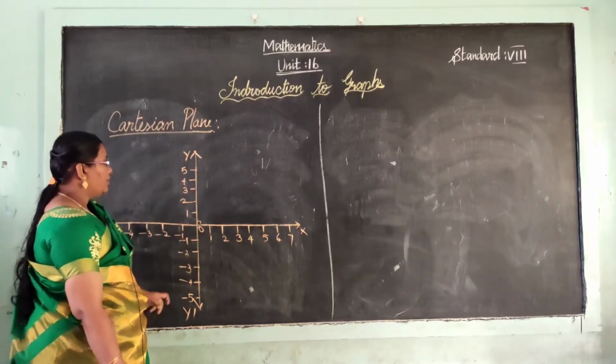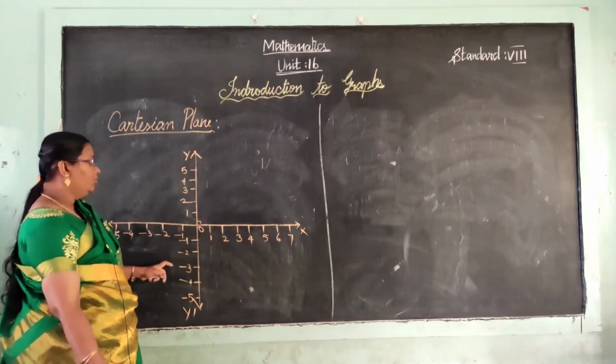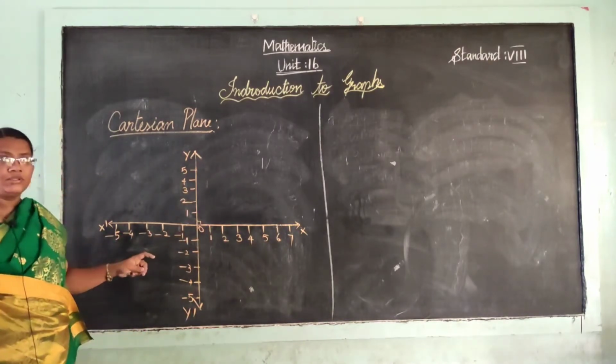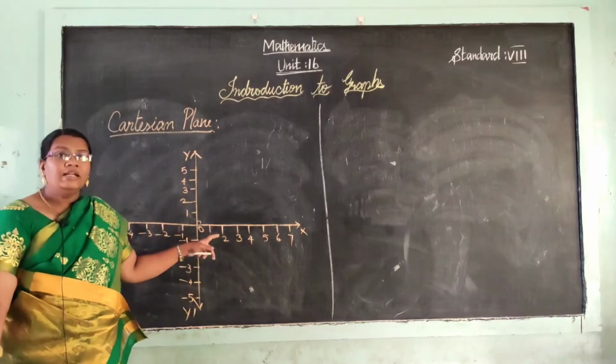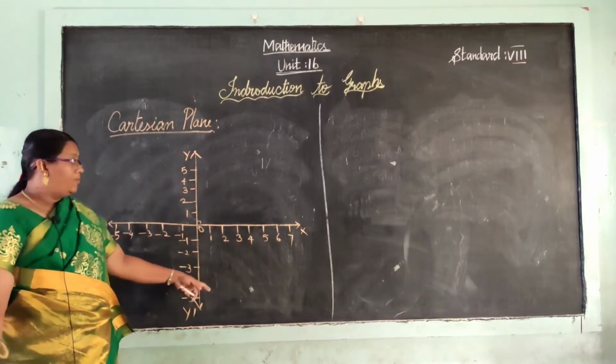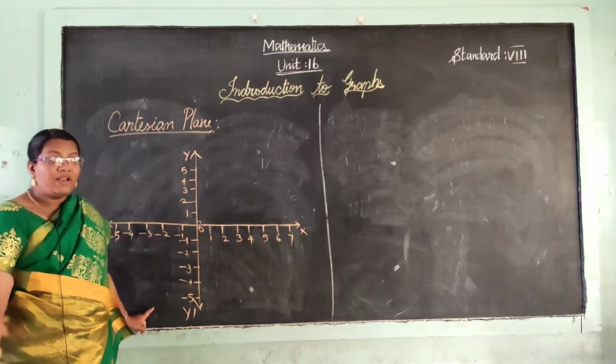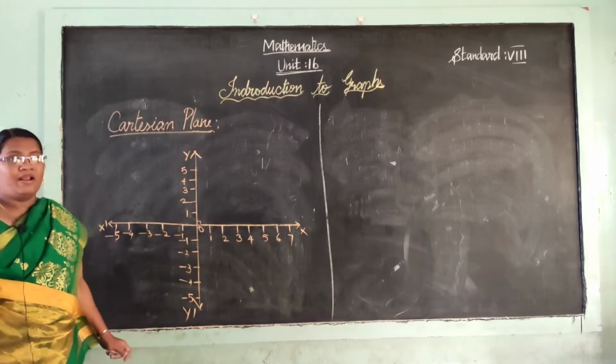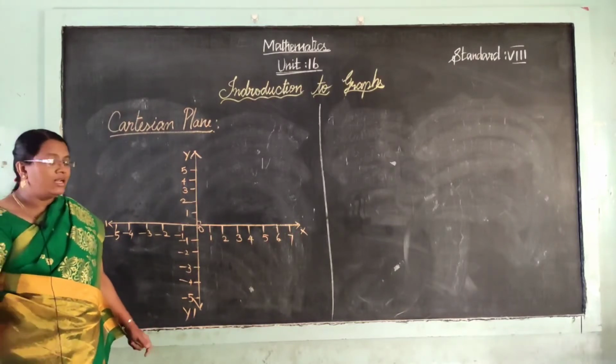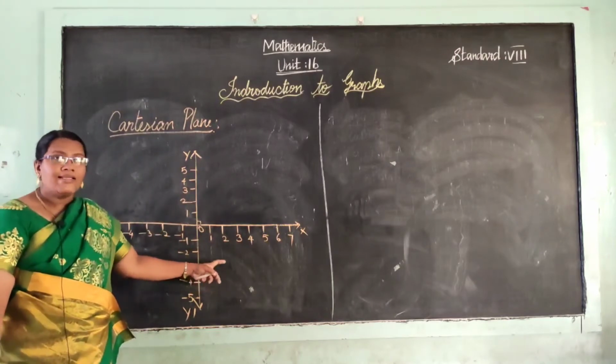When two coordinate axes intersect each other, that plane is called the Cartesian plane or Cartesian coordinate plane. Why do we say coordinate? Here two axes are there, x and y.